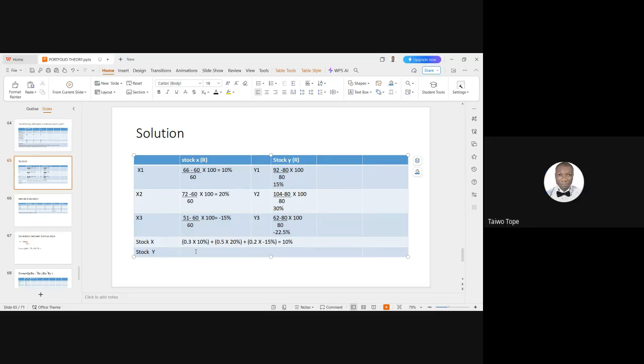So now, based on our results, it will be 4.5, 15 and minus 4.5.